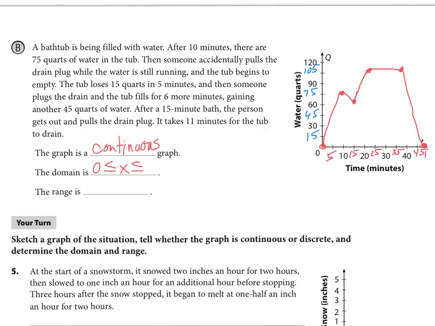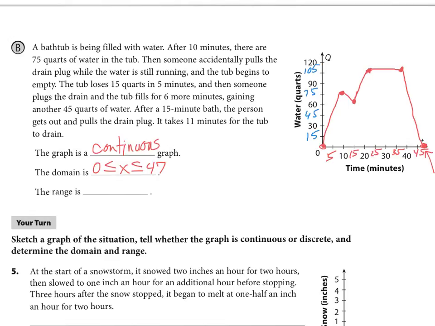Where is this again? 47. Now, 47 was never mentioned in the word problem. We came up with 47 based on the information. 10 minutes of water going. 5 minutes of losing water. 6 minutes of adding water. 15-minute bath. 11 minutes of draining. You have to come up with that. It's not directly in there.